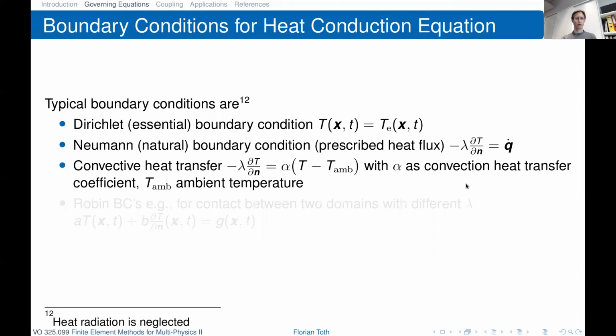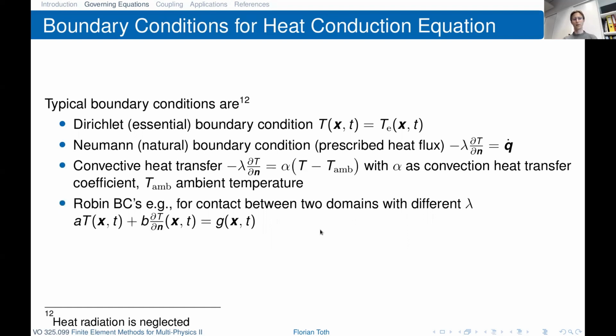We can include convective heat transfer by using a heat transfer coefficient where we prescribe the heat flux vector as heat transfer coefficient alpha times the temperature difference between our domain and an ambient temperature. And of course, this coefficient alpha is depending, for example, on the flow conditions of the medium around our considered domain. And finally, there's the Robin boundary conditions.